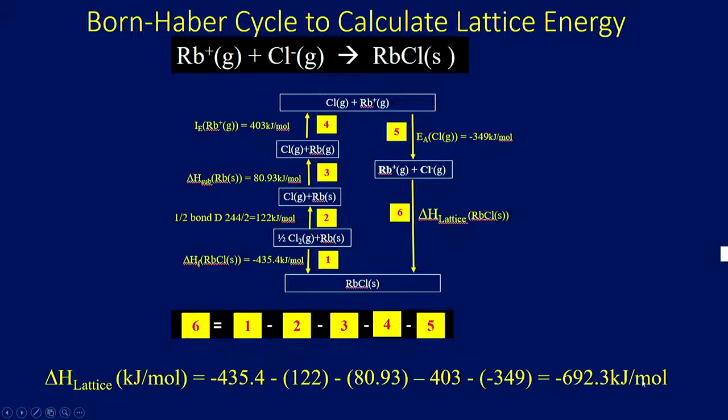And I come up with the lattice energy, the lattice enthalpy for the formation of rubidium chloride. And if you were asked for the enthalpy of dissociation, which is the opposite process, it would be a positive 692.3 kilojoules per mole. Now in the next slide, we're going to solve this via Hess's law method. And I hope this all helps you out.